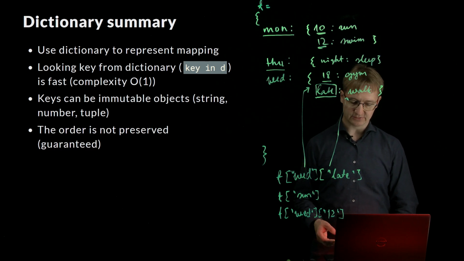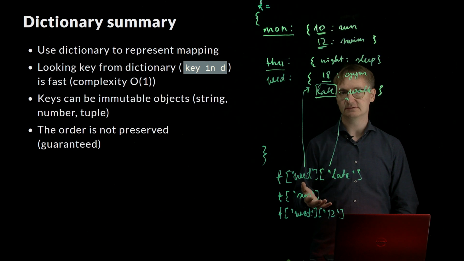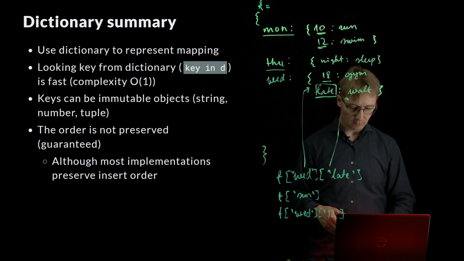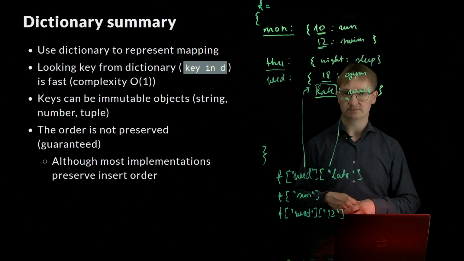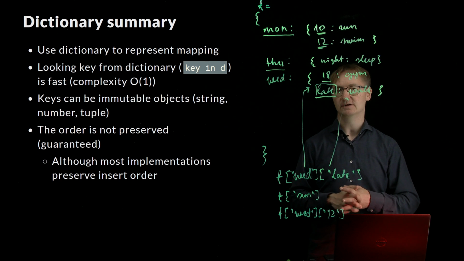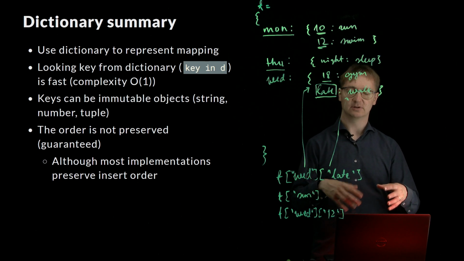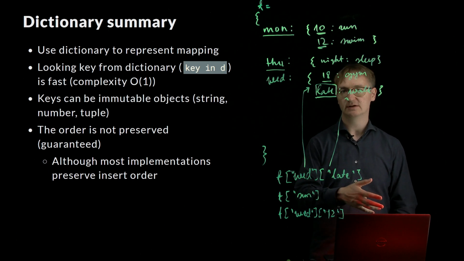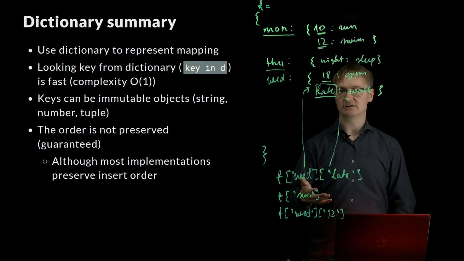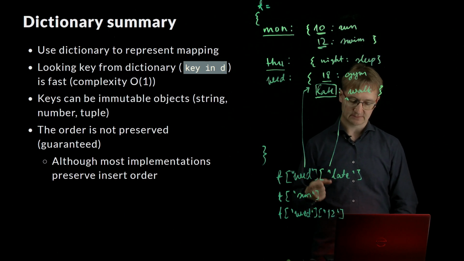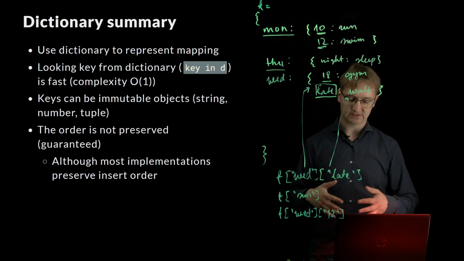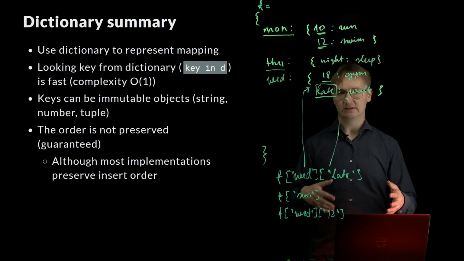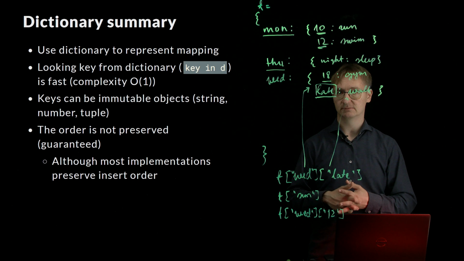The order is not guaranteed to be the same as when you create your dictionary, although in most implementations, in recent versions of Python, it is the same as the order in which you add the elements. So if you insert elements into a dictionary, the order of those elements stays the same. But for the dictionary data type, or more generally the map data type in different programming languages, it is not guaranteed.